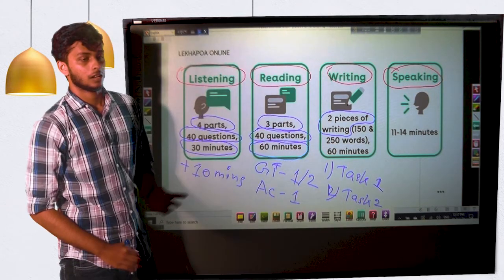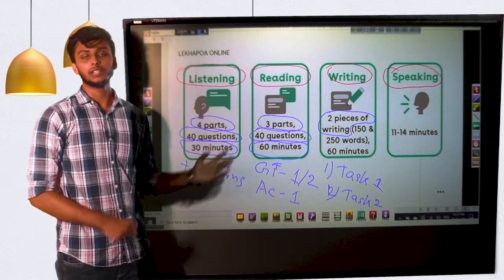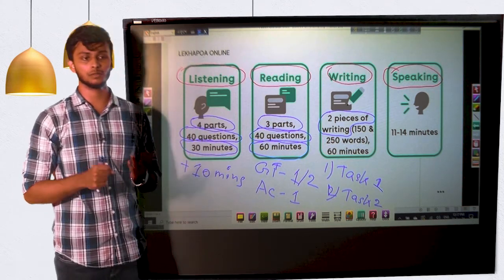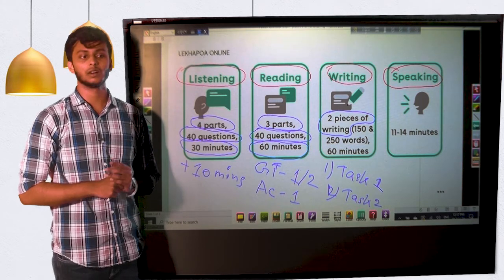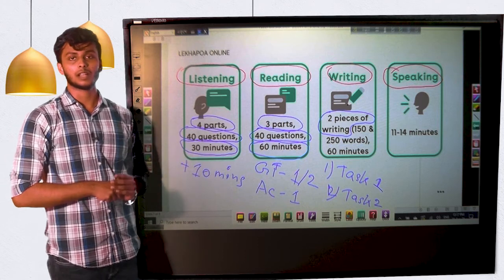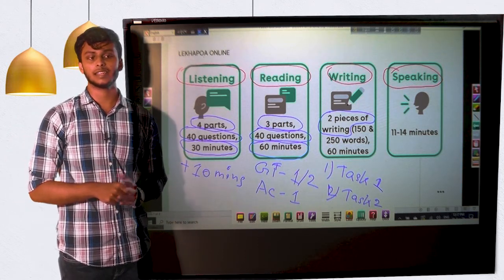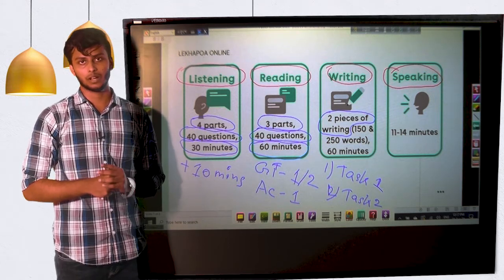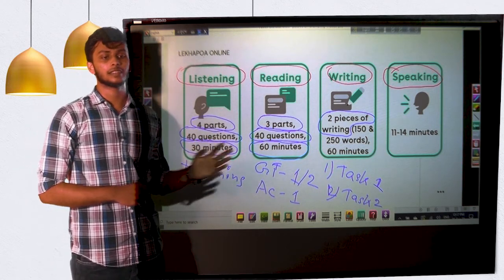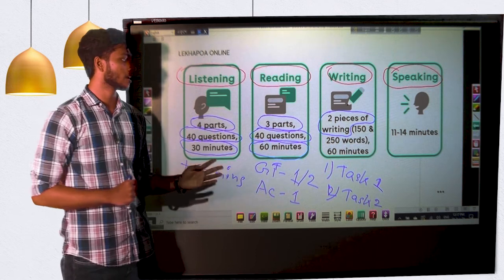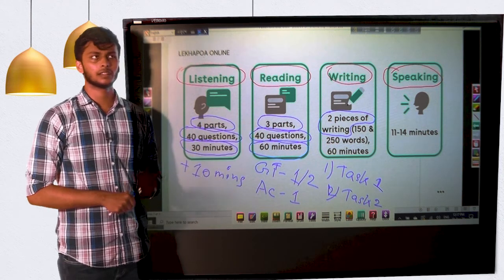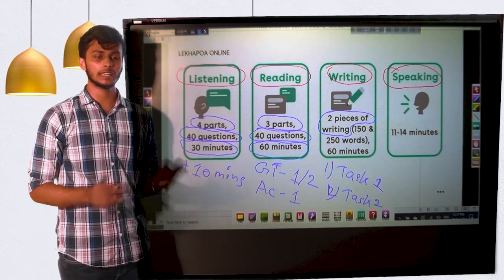In the general test, you will be presented with a situation and asked to write a letter requesting information or explaining the situation in task 1. In task 2, you will be asked to write an essay in response to your point of view, argument or problem. You can write the essay in the general test in a somewhat personal style, and in task 1 the letter could be formal, semi-formal or informal.